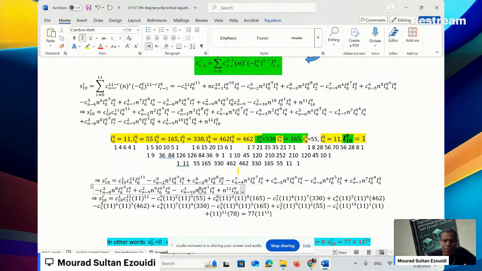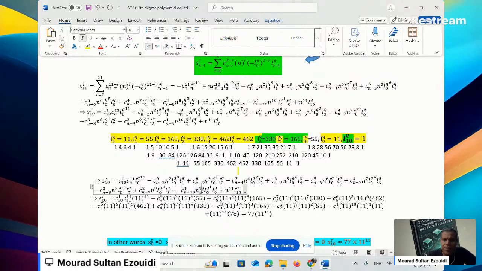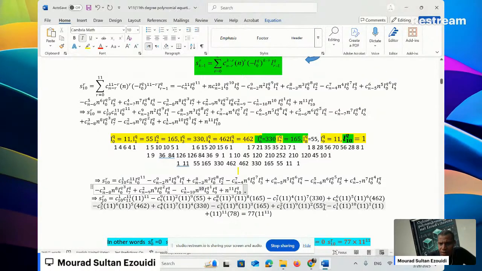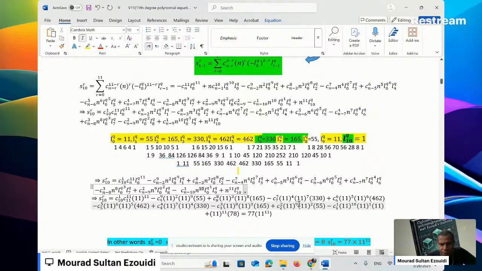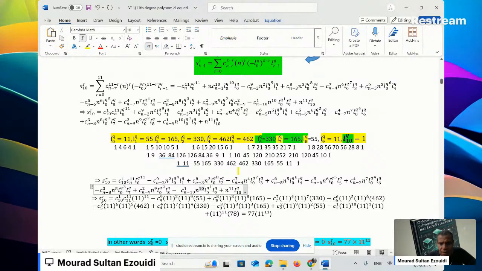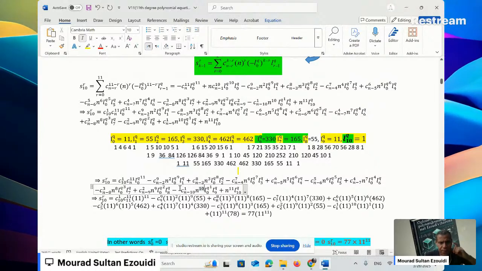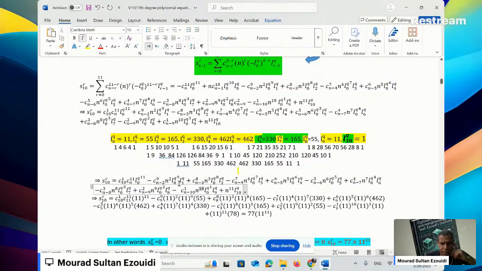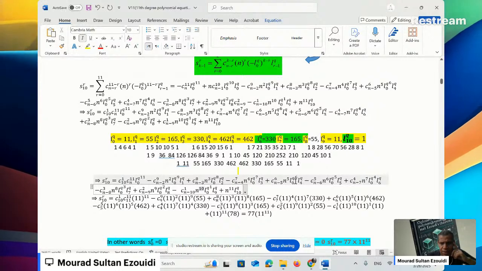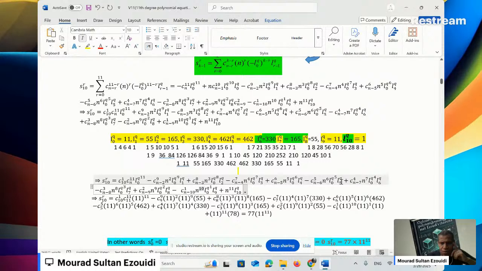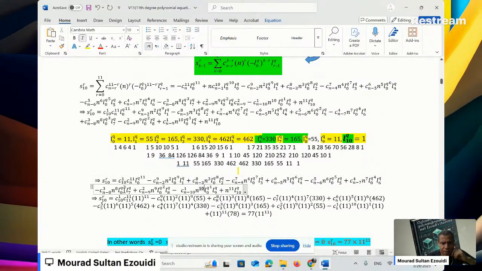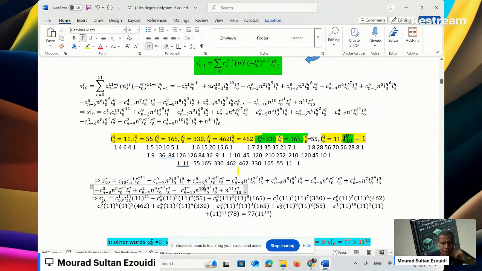Of course here has to be changed to 11th, and raised to the power 10. Okay, 8, 7, 6, 5, 4, 3, and 9 and 10.